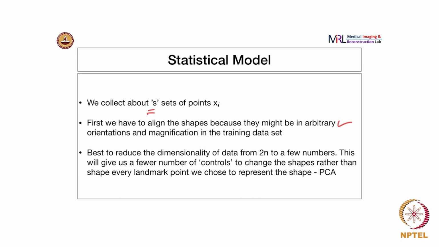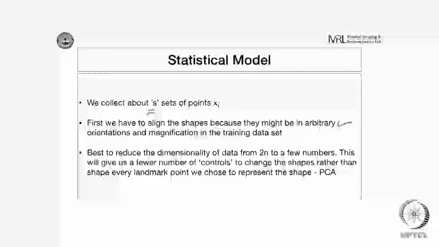We will see that later on, but the idea is, basically you have a lot of xy coordinates describing your shape, and if you want to deform the shape a bit, then we have to change all the n xy coordinates. Instead, if you reduce the dimensionality of the data, then you don't have to change so many numbers, but only a few numbers to get the kind of shape deformations we want.